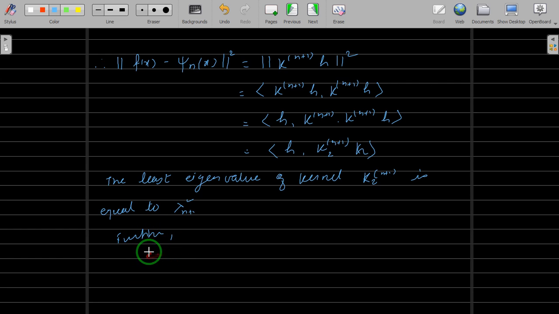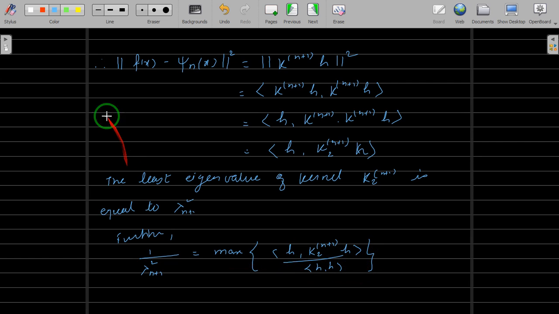Further, again from the result, 1 upon lambda n plus 1, the whole square, will be equal to the maximum of the inner product of h with k_{n+1} h divided by the inner product of h with h.